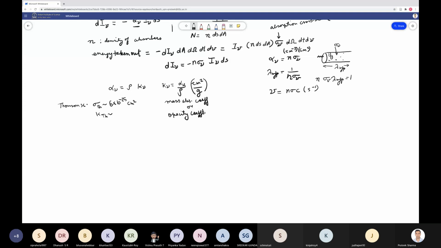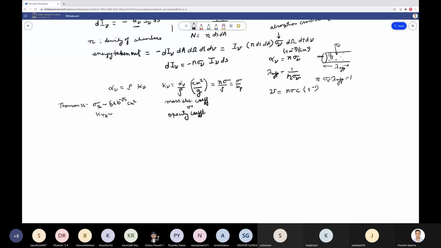You can write this in terms of sigma. So kappa is nothing but n sigma by rho, which is equal to sigma divided by the mass of the particle. Let's assume that these are all protons.